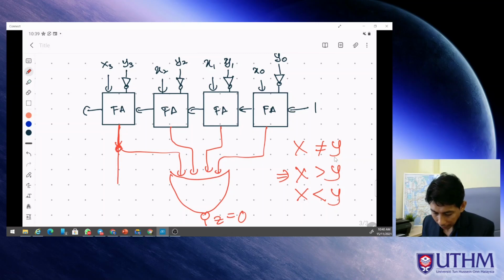This one of course goes to this input, and you can straight away check this value.